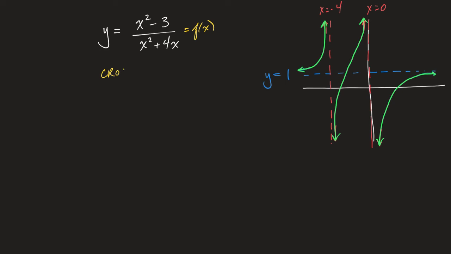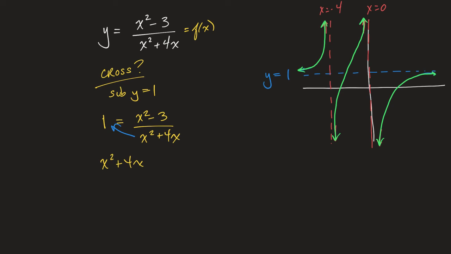Then what I can do is see, is there anywhere on that green curve that has a y value of 1? So I could sub a 1 into my function for my y value, and now I can just solve that equation for x. So if I multiply out, 1 times x squared plus 4x is x squared plus 4x.